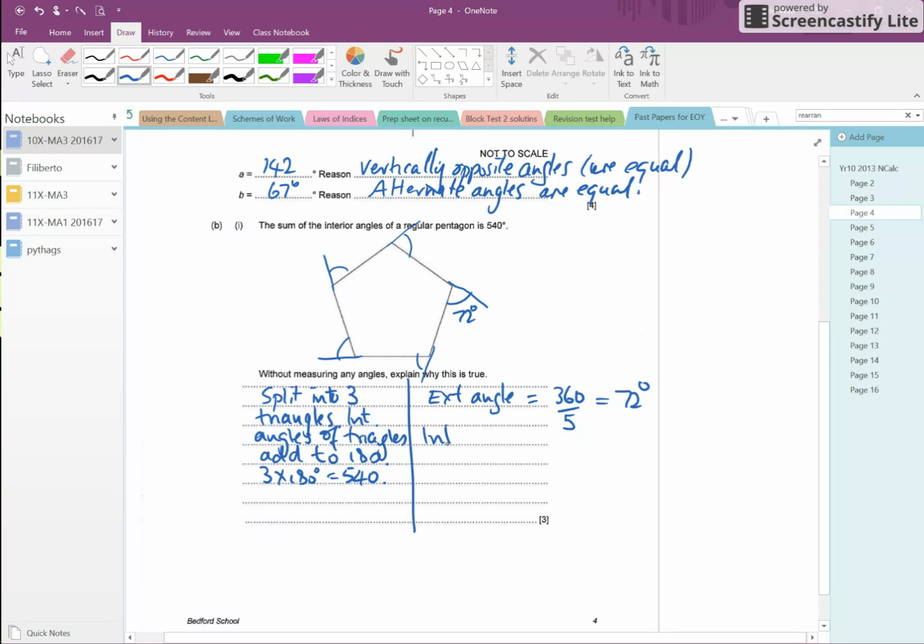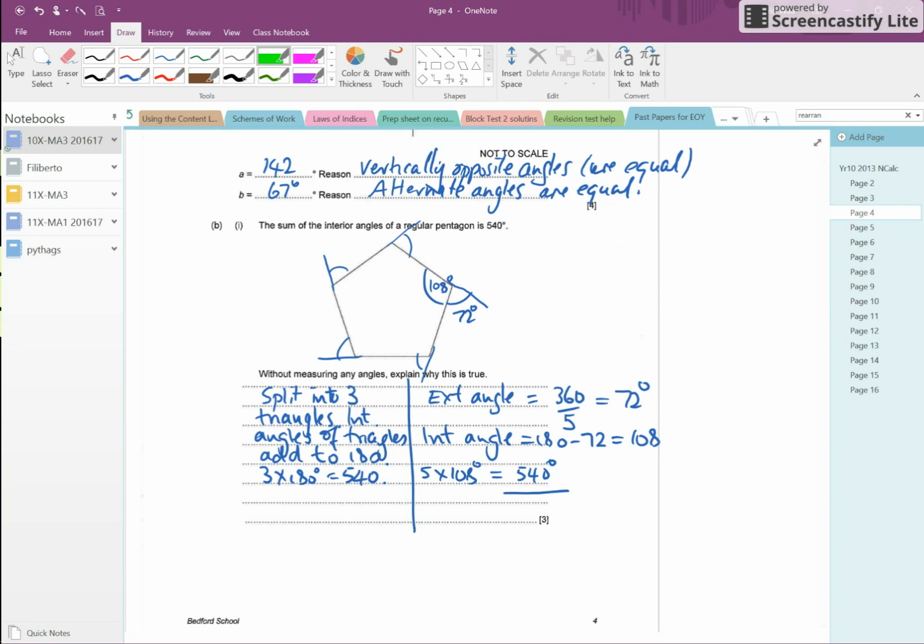That makes the interior angle 180 minus 72, because angles on a straight line. So that's 108. And there are 5 108 degree interior angles. So 5 times 108 is 540 degrees. So either of those explanations is correct.